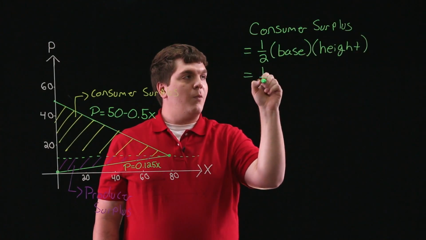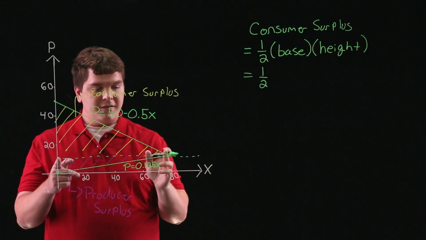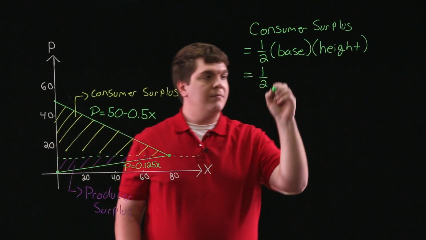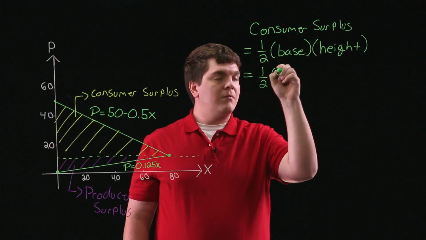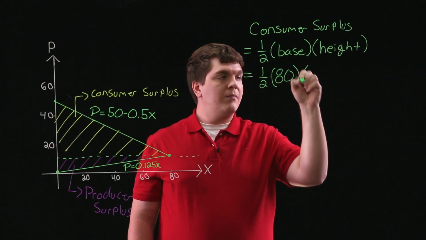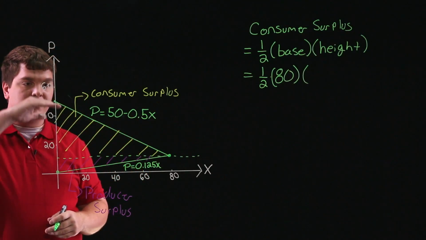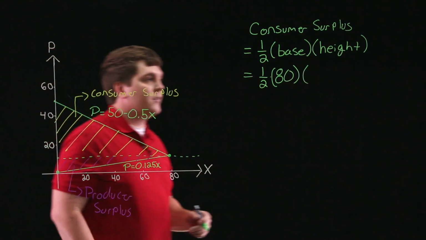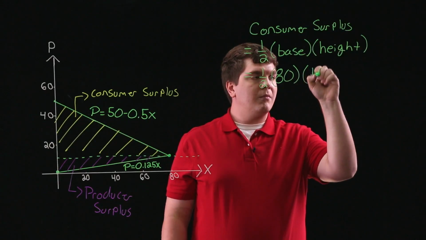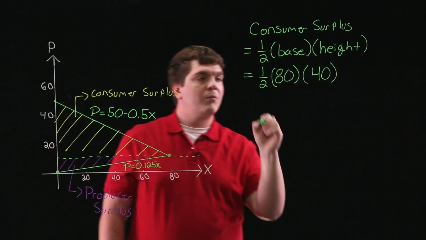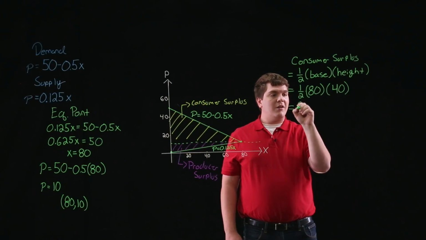So in this case, it's 1/2. The base of our triangle is 80. And the height of our triangle, well, it goes from 10 to 50. So our height is 40, which is $1,600.